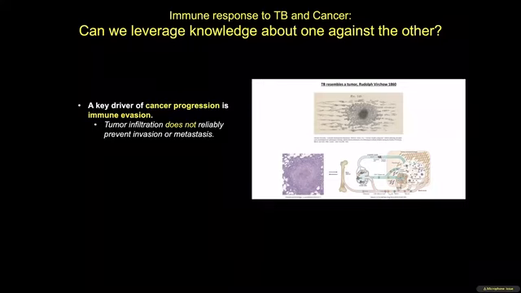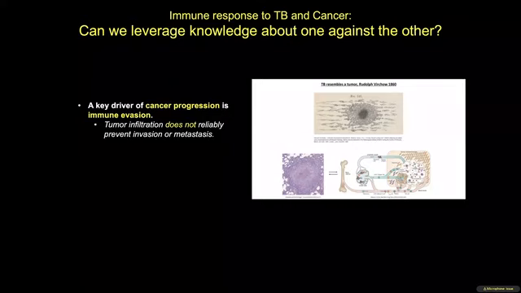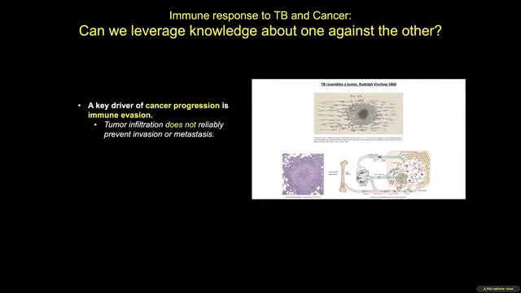The other interesting aspect is that this doesn't mean that when tumors progress, you only have cold tumors, right? We have tumors with heavy immune infiltrate that still invade and metastasize. So it's not enough just to get immune cells to a lesion.